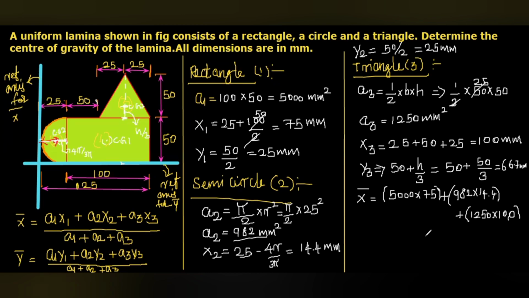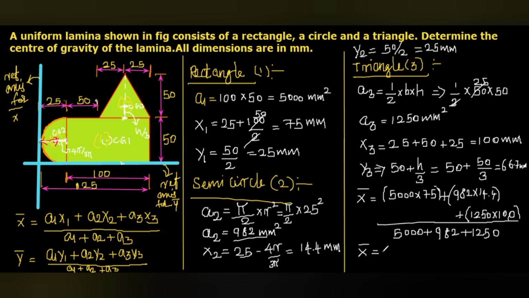The whole divided by A1 plus A2 plus A3, that is 5000 plus 982 plus 1250. If you simplify, you will get the value of x bar equal to 71.1 mm. In the same way, we have to calculate y bar also.